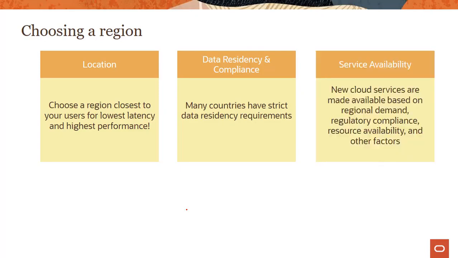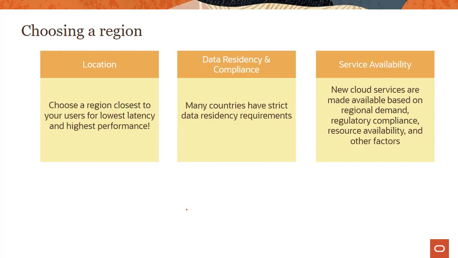And sometimes your choice is also dependent on service availability. Now, we commit to making new cloud services available in every region worldwide. But sometimes we make these available based on regional demand, regulatory compliance, resource availability, and many other factors. So it is possible that we launch a service first in a few regions and then roll it out to other regions.